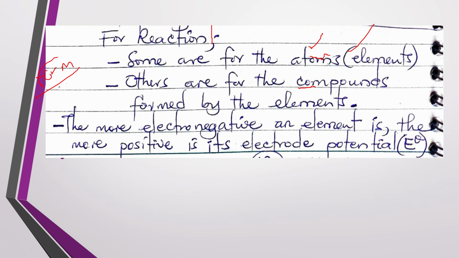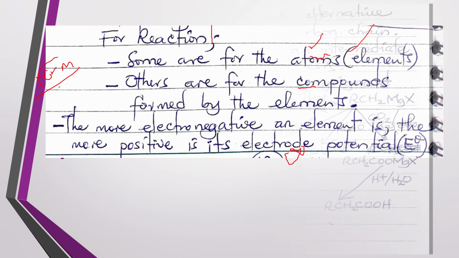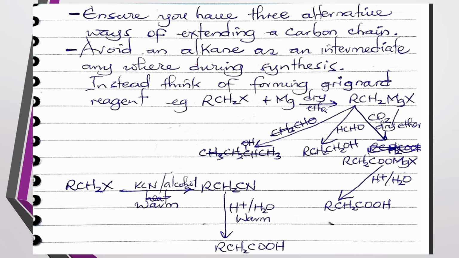So the more electronegative one element is, the more positive is electrode potential. This is still an emphasis under electrochemistry. Now remember I told you that when you're dealing with organic synthesis, ensure you have enough options for forming the different types of compounds, either extension of a chain or elimination of carbon atoms from a chain.